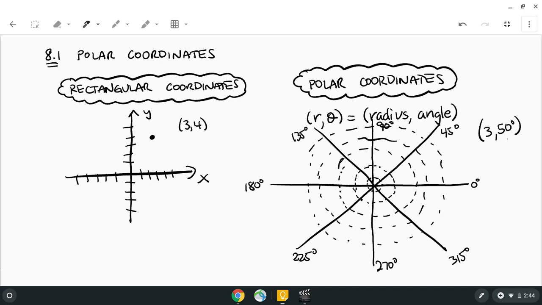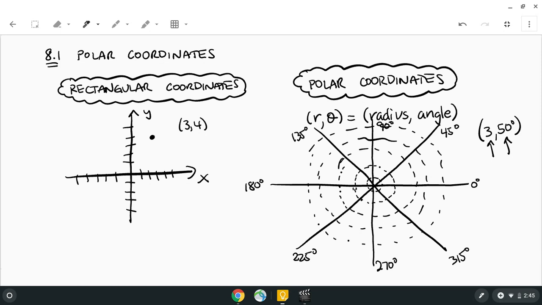So this angle 50 tells you, whatever you're facing right now, go ahead and turn and face 50 degrees. Okay, so that would be just past 45. And then this here, 3, would tell you how far to march. Since it's positive, you would march forward. And if this number is negative, then you would march backwards. Okay, so we would face 50 degrees, and then we would march forward 3.